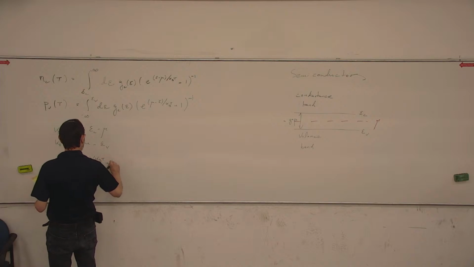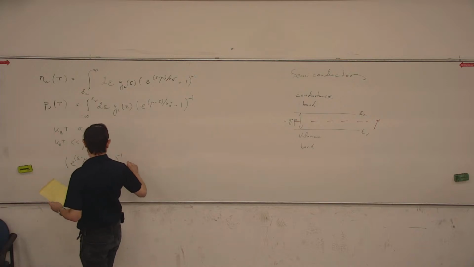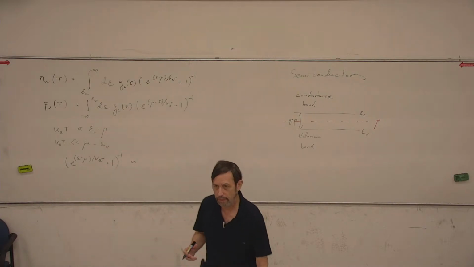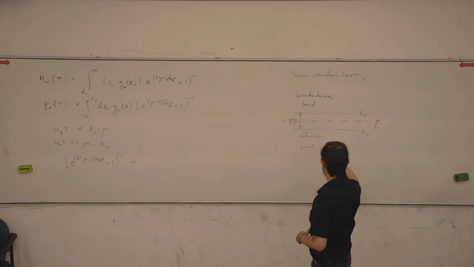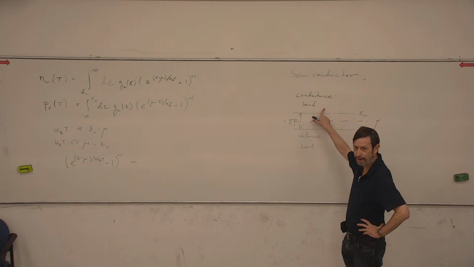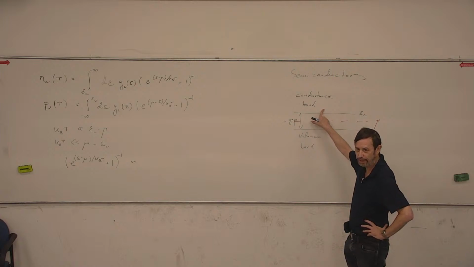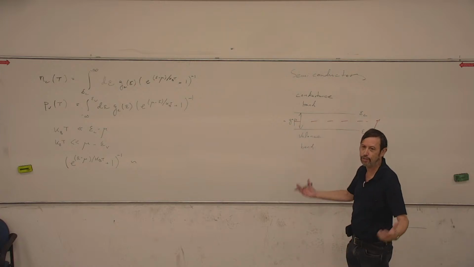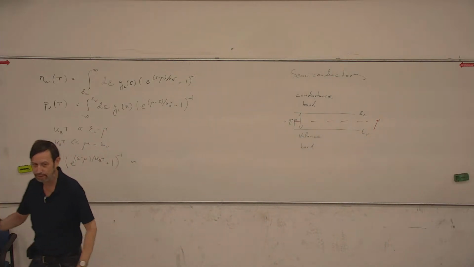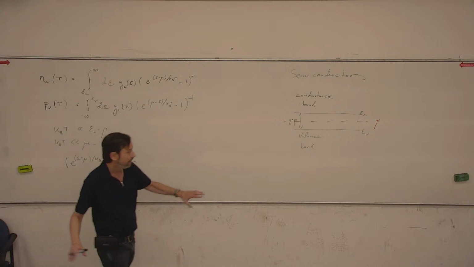Can you approximate it by the step function? No, it can't be approximated by the step function, because if I put in a step function, I get no particles at all in the conduction band. That's throwing the baby out with the bathwater. You leave nothing.